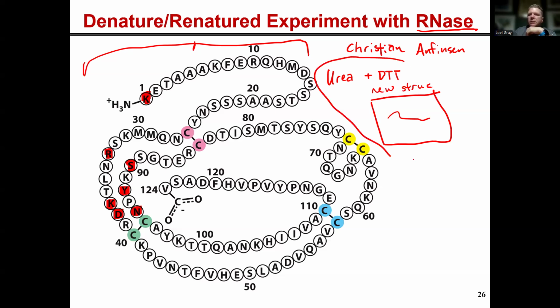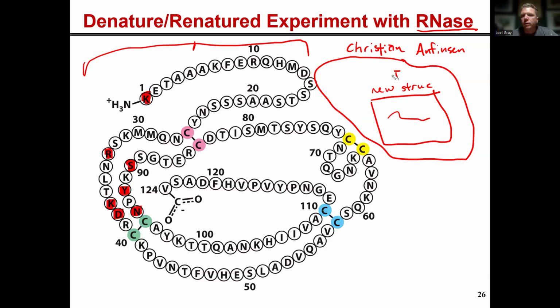I'm going to take this mixture that we got, and I'm going to get the urea and dilute that out, so that's going to eliminate the chaotropic agent. So the hydrogen bonds are going to recover.